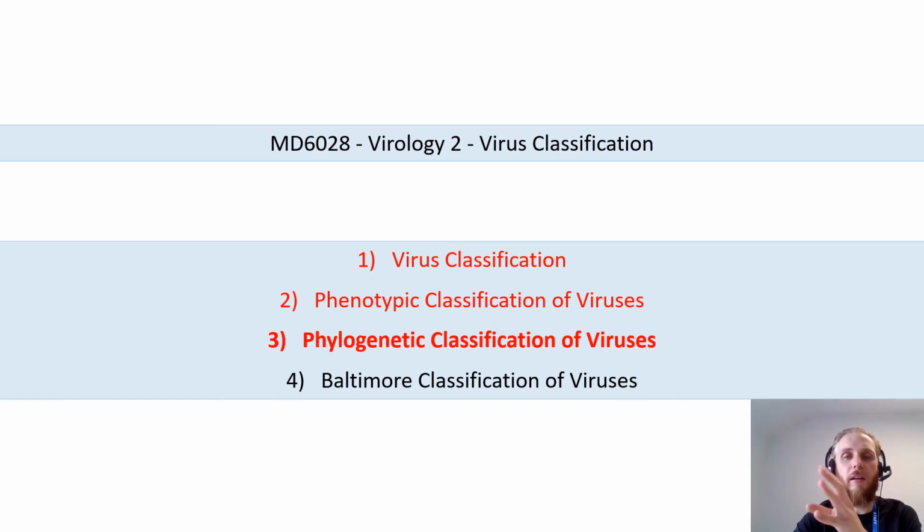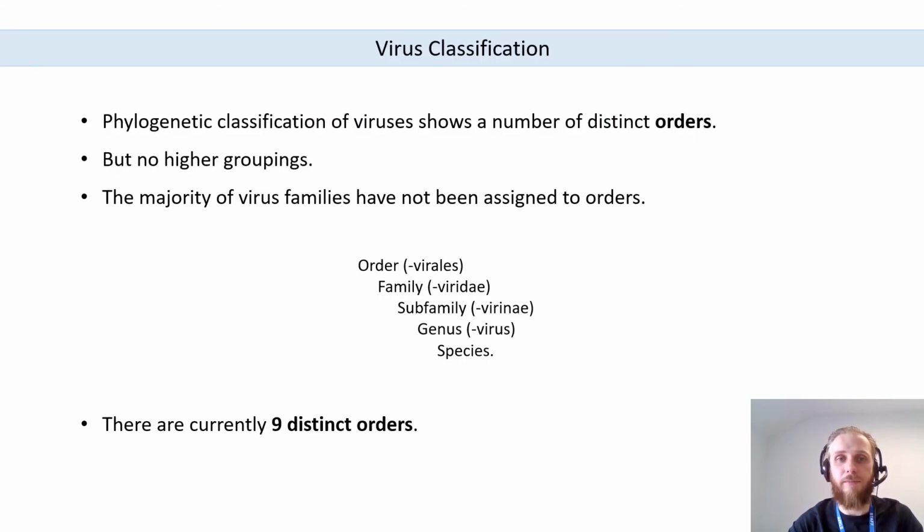We've said a lot of viruses will fit into orders, but most won't. So it gets quite complicated, but again, we do use phylogenetic classification to a point. We do classify viruses phylogenetically into families. It works into families, then we run into problems.